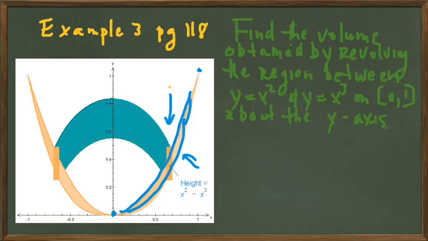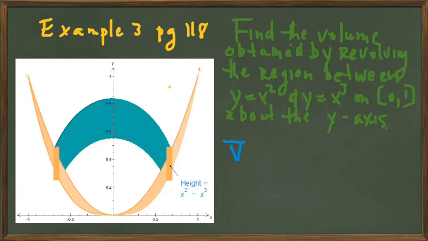So we're doing it on the interval 0, 1. So the setup of the problem is going to be 2 pi. The integral, the radius, is going to be as before, since this is just a representative shell of many. The radius is x.